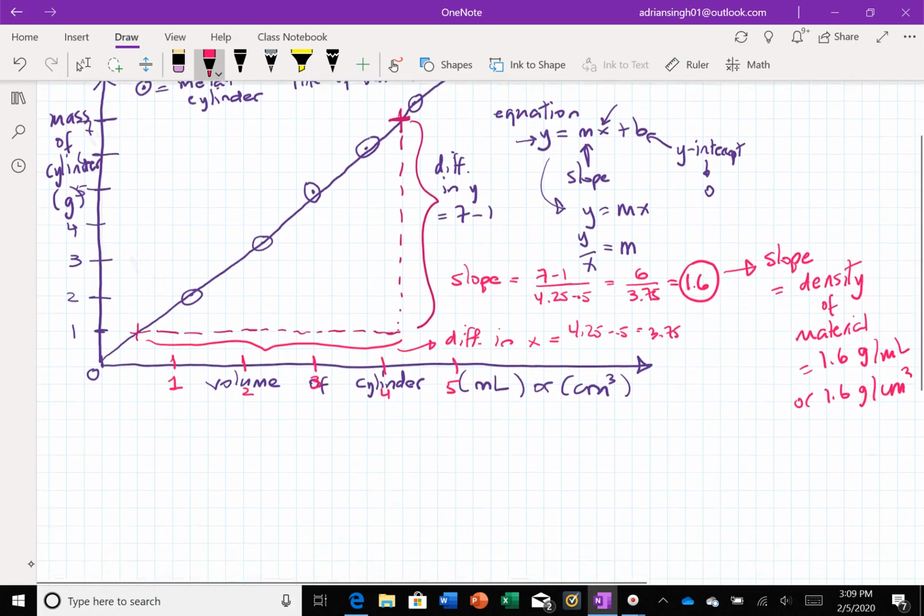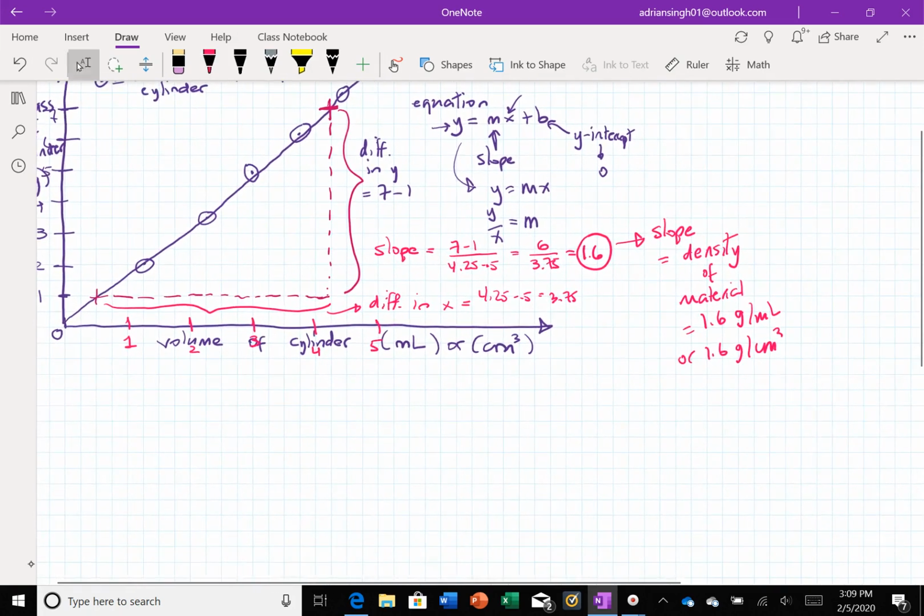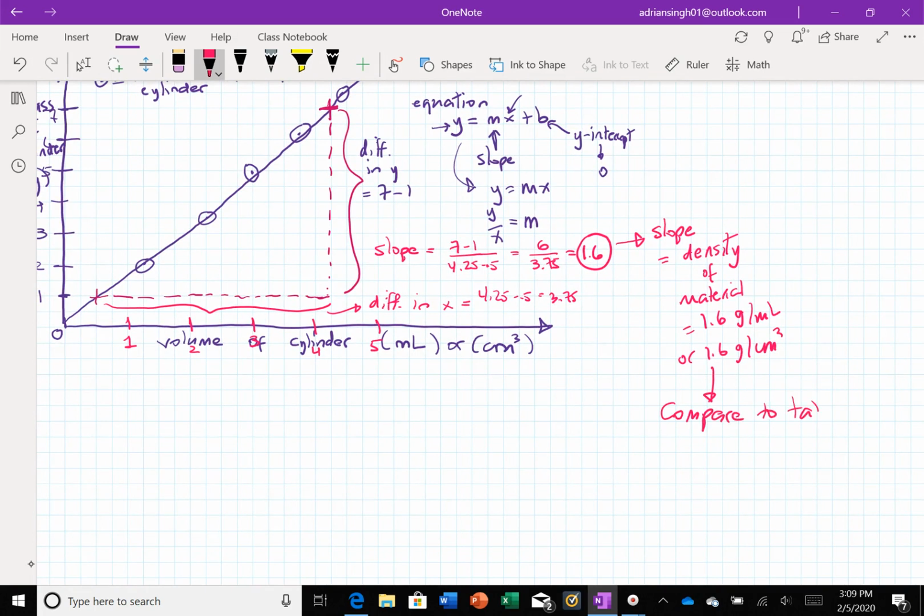Right, so based on what we calculate, we can then compare it to the table in your lab handout in order to calculate your percent error.